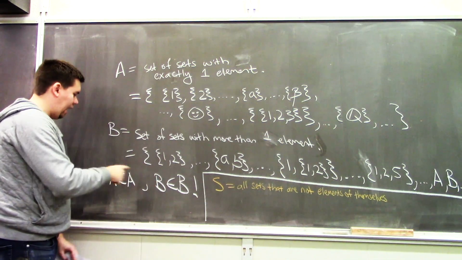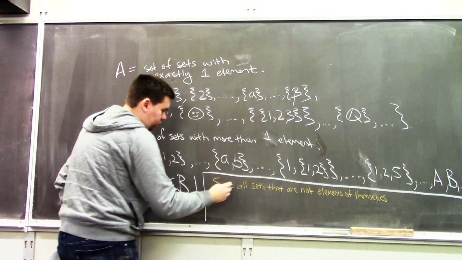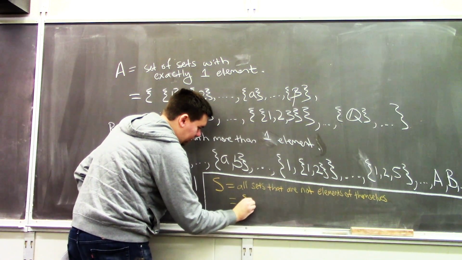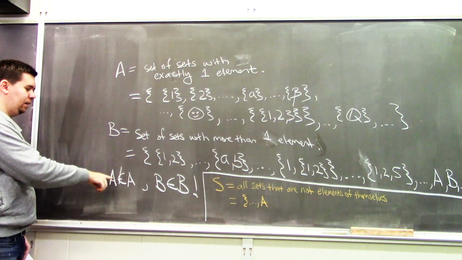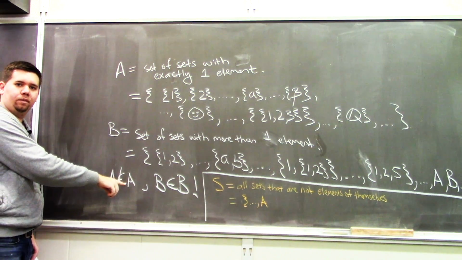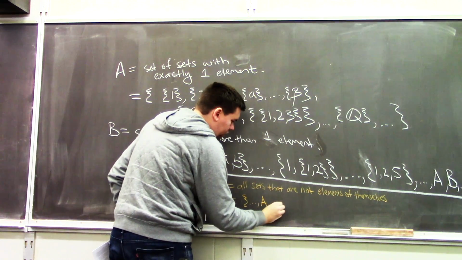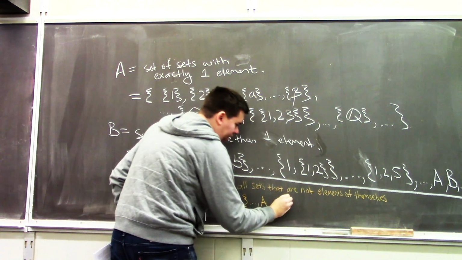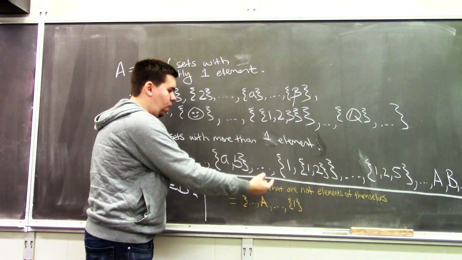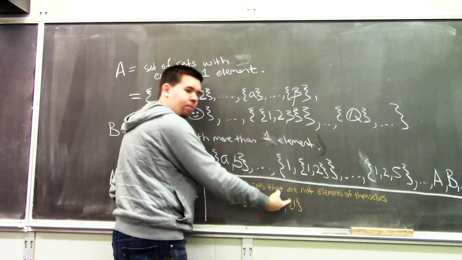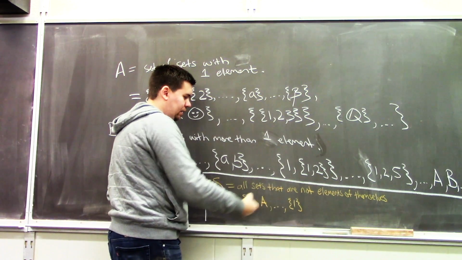So A is going to be inside of there. When you look at what's in S, somewhere you'd have the element A, because that is a set that is not inside of itself. But as you keep going, you'd also have the set {1}, because the set {1} is not inside of itself. Inside of this is the number 1, which is different than the set containing 1.